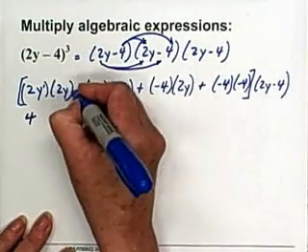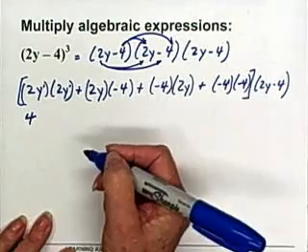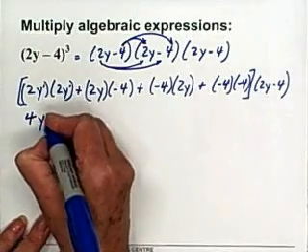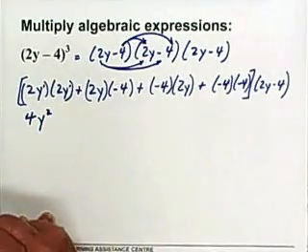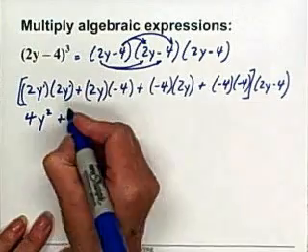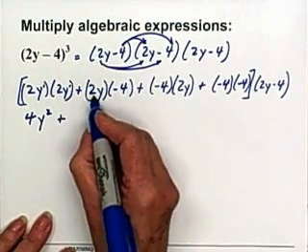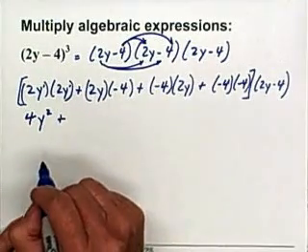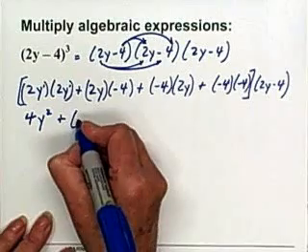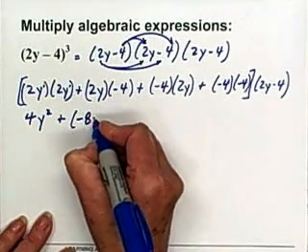This is y to the 1 times y to the 1, so that becomes y squared. And then plus, we have 2y times minus 4. That becomes minus 8y.